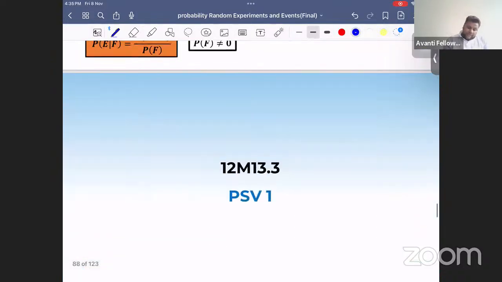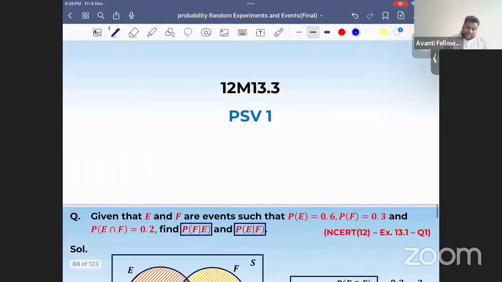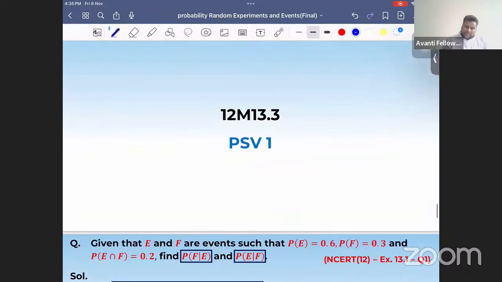So this is it. Now see a simple question. Given that E and F are events such that P(E) is 0.6, P(F) is 0.3, and P(E intersection F) is 0.2. What is probability of E upon F? Probability of E intersection F upon P(F).